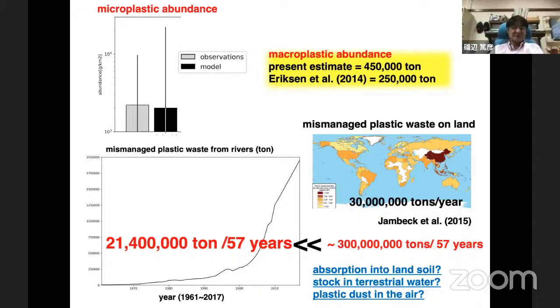As I said, our model shows the microplastic abundance comparable with the observations, as shown in the upper left panel. And the macroplastic abundance in the present model is about 450,000 tons. It's comparable with the estimate obtained by Eriksen 2014. So this suggests our model works reasonably to reproduce the microplastic and macroplastic in the actual ocean.